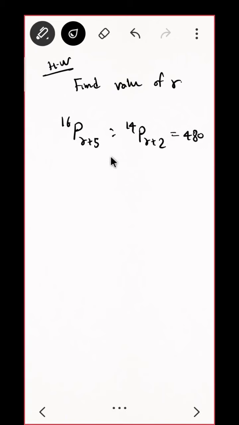Is the question clear, everyone? This is r. Sorry, my handwriting is not coming out well right now. Is that okay? Yeah. 16Pr plus 5 raised to 14Pr plus 2 is equal to 480. Will you try this question? We'll see it in the next lecture.